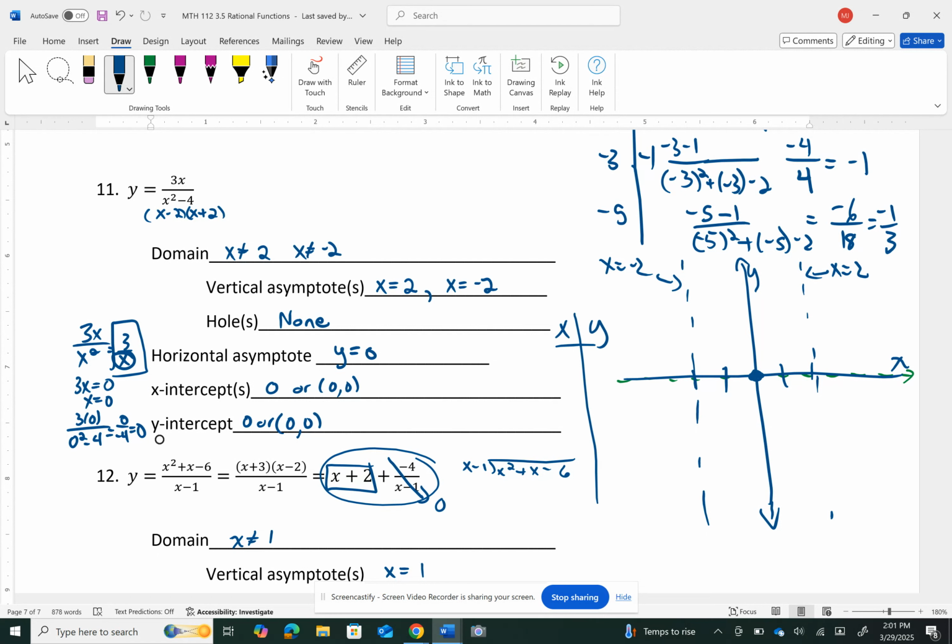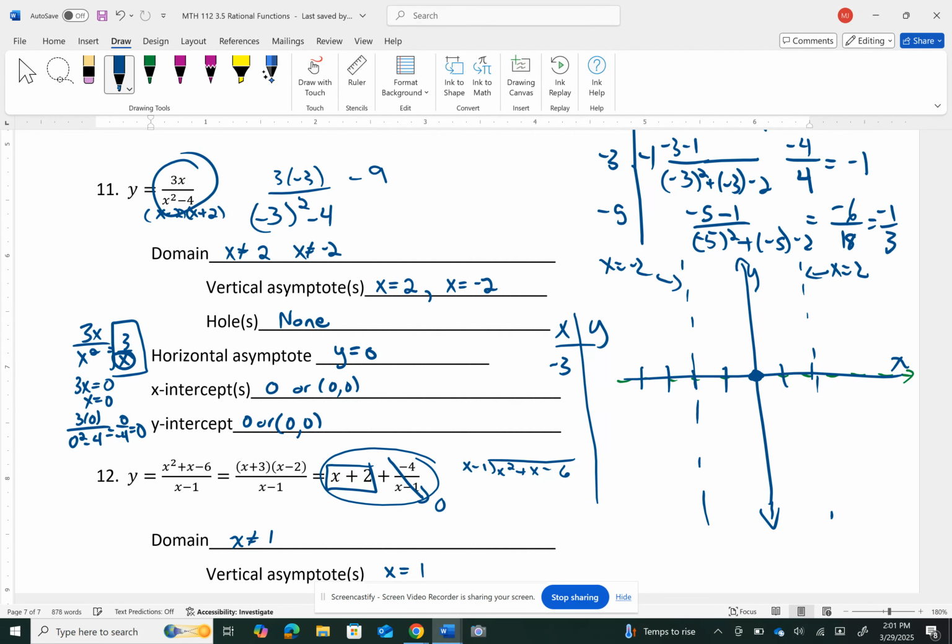I'm going to look at what's happening when I'm over here at like a negative 3 or negative 4. Okay. When I plug in a negative 3, I'm looking at that expression, plugging in a negative 3. I'm going to get a negative 9 on top. Okay, so when I plug in a negative 3, I get a negative 9 on top. And then when I square the negative 9, it becomes 9 minus 4.